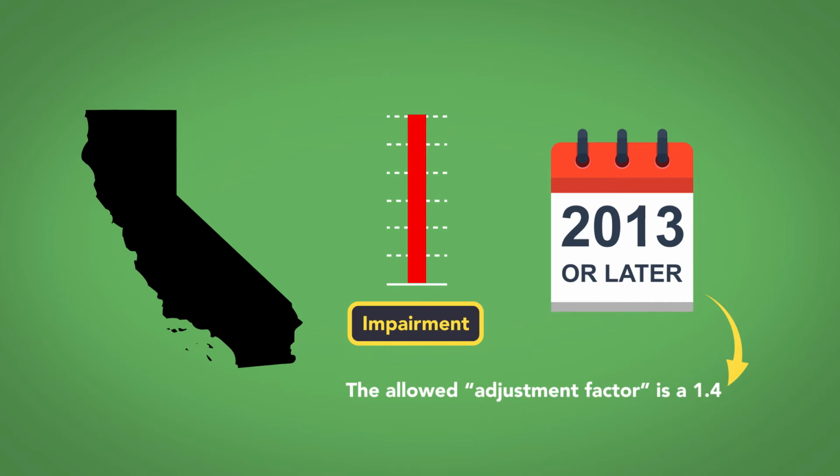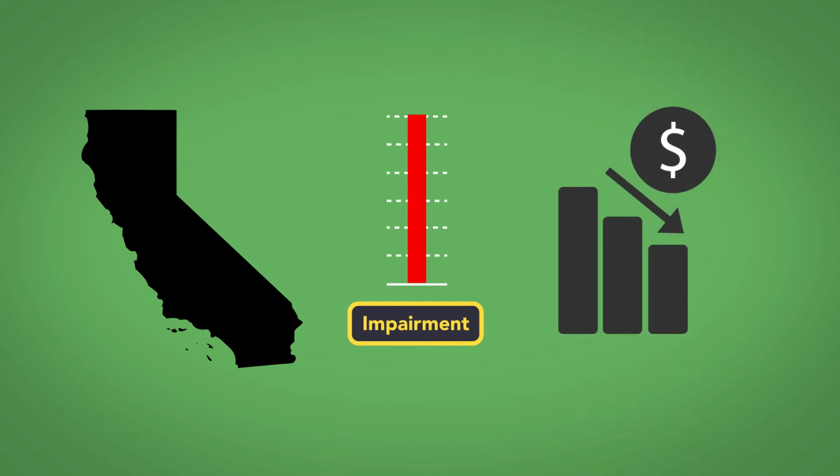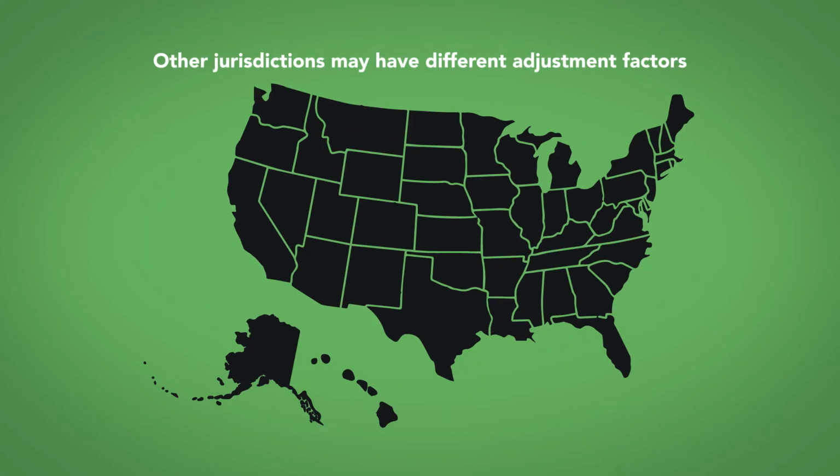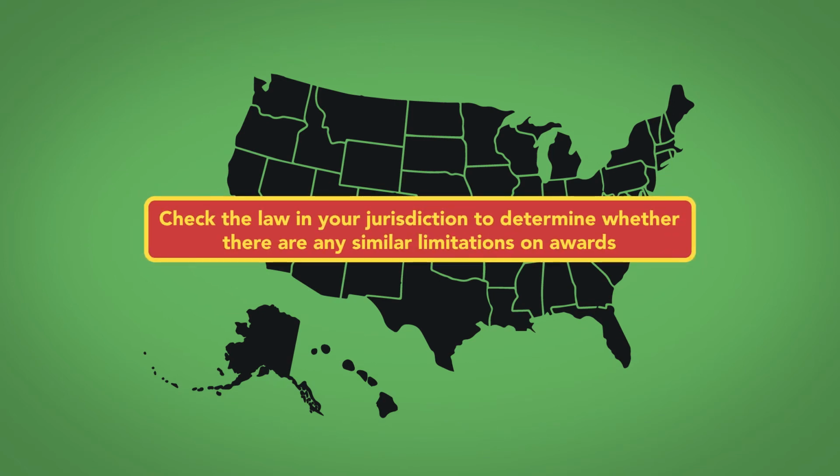In other cases, the applicable adjustment factor is based upon the worker's anticipated reduced future earning capacity. Other jurisdictions may have different adjustment factors or may have no limitations at all. Check the law in your jurisdiction to determine whether there are any similar limitations on awards.